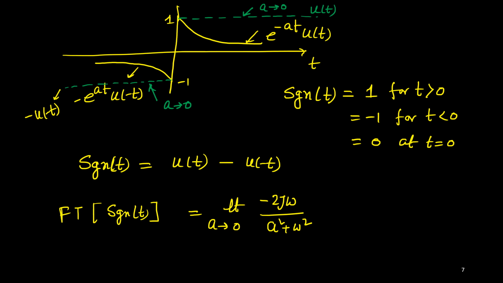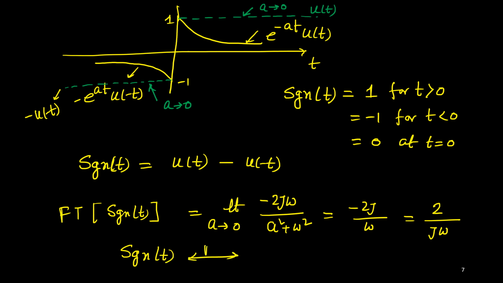Now if I put a equal to 0, omega will cancel out, so it is minus 2j upon omega. If I multiply j in both numerator and denominator, j square equals minus 1, so minus 2 becomes plus 2, and it is 2 upon j omega. So this is an important relation: the Fourier transform of the signum function is 2 upon j omega.